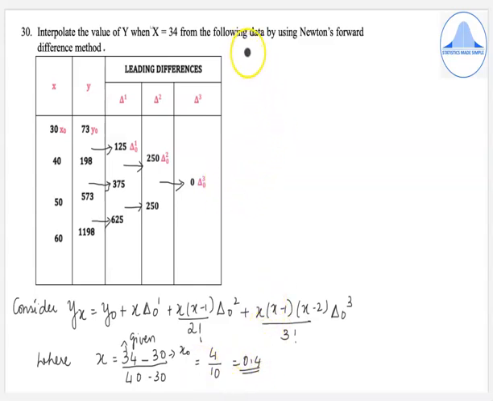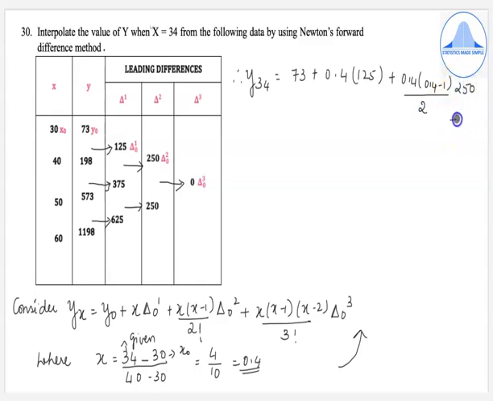So continuing, let me continue here at the top. Therefore, in place of this x you write 34: y is equal to y naught, which is 73, plus 0.4 into 125, plus 0.4 into (0.4 minus 1) divided by 2 factorial, which is nothing but 2, delta naught square is 250.